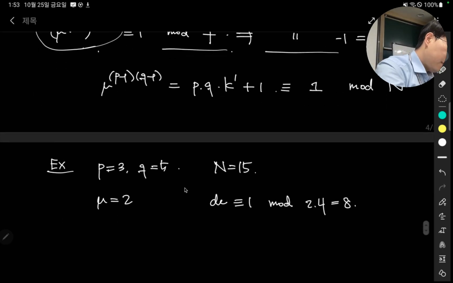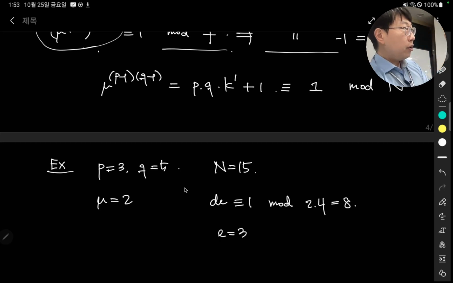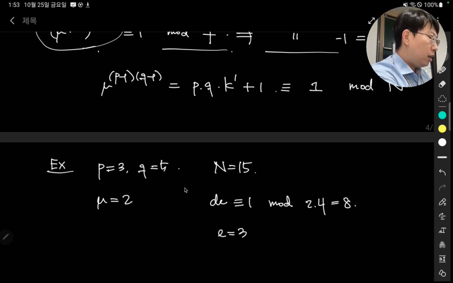Not every D and E satisfy this. There is a way you can pick your E or D: you can pick E or D which is co-prime to the number 8. So 3 is co-prime to 8.